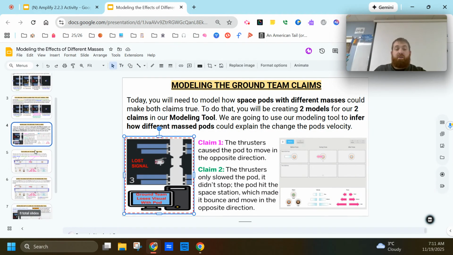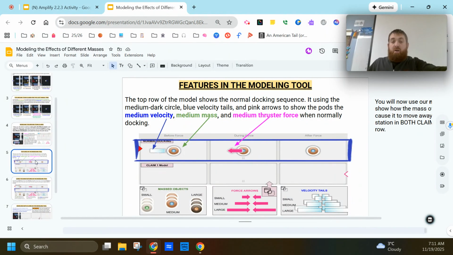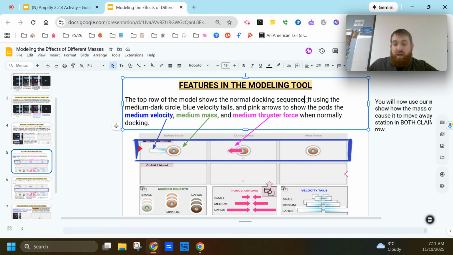So let's take a look at the features in our modeling tool. So when you come into our modeling tool, you're going to see there's a top row and a bottom row. The top row is going to show a bunch of important information that happened for the normal docking sequence. You'll notice here in the very beginning in the before force column, we have a medium dark circle, a blue velocity tail.